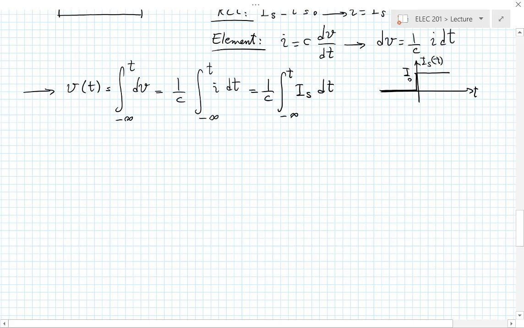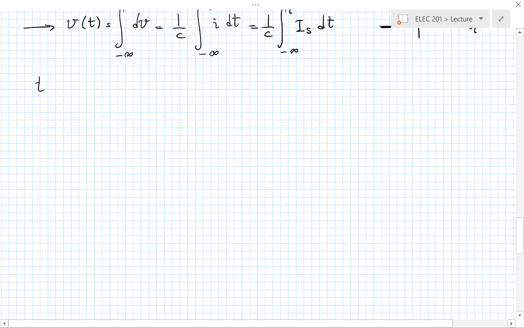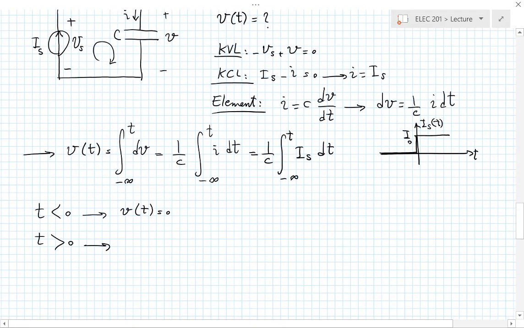So if I take the integral, for any time less than 0, the integral under that curve is 0. Is was 0. There's no area under the curve. So for t less than 0, V of t equals 0. For t greater than 0, as soon as this current Is jumps to this finite value, as you move in time to the right, the area under the curve builds up.